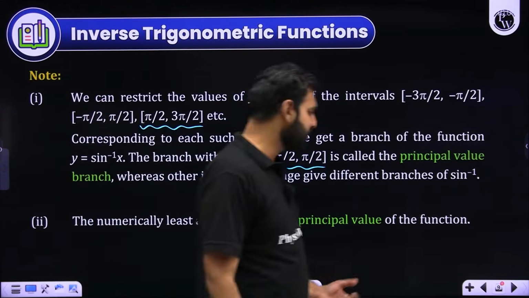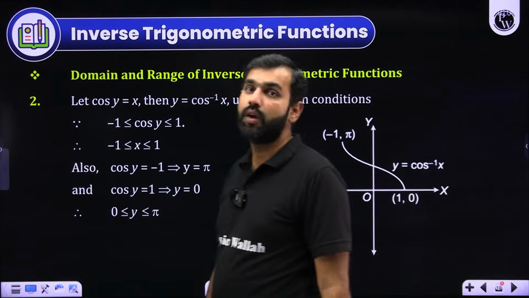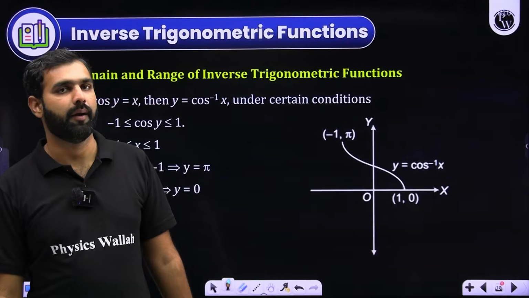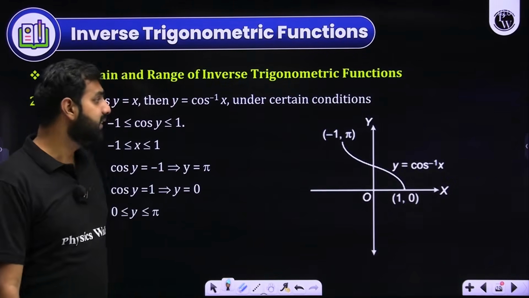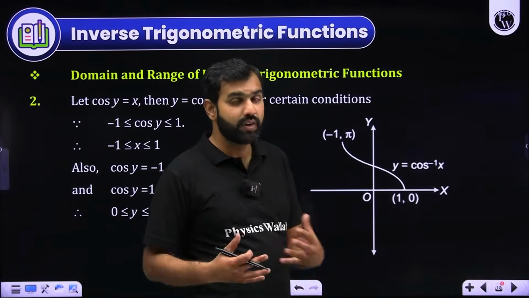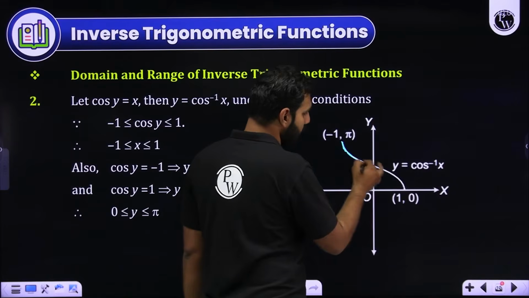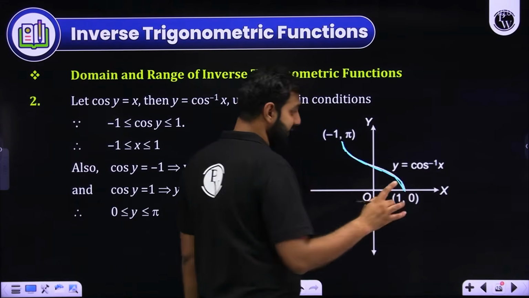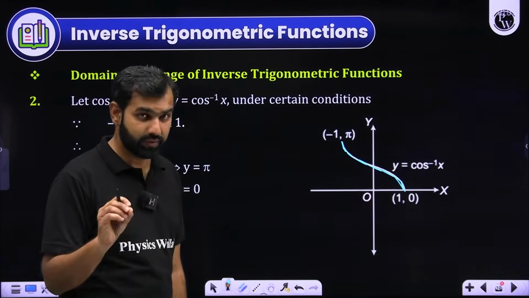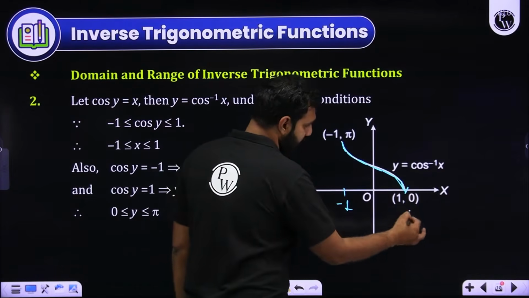In the same fashion, when you define the inverse of the function cos inverse x, here the principal value is not from minus pi by 2 to pi by 2. Here it is defined as 0 to pi. So from the graph of cos x, if you wish to define its inverse, the graph of cos inverse x takes all the values from minus 1 to 1 on the x-axis.